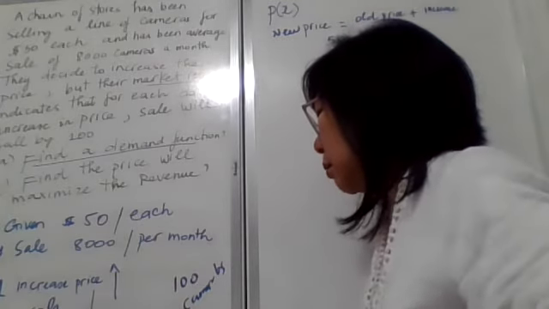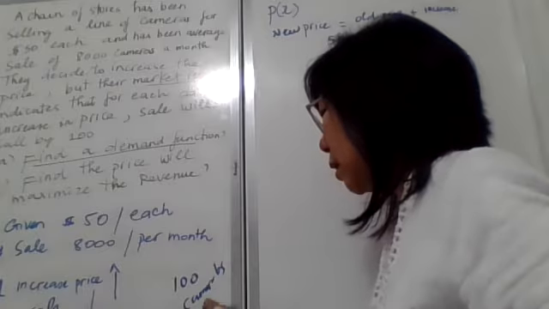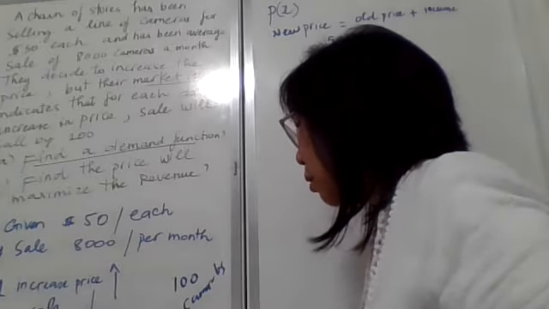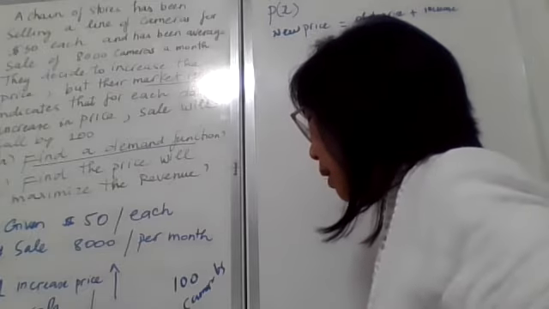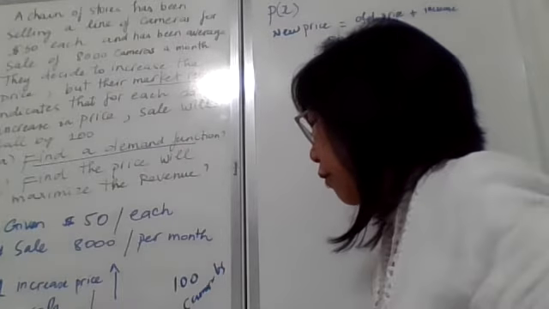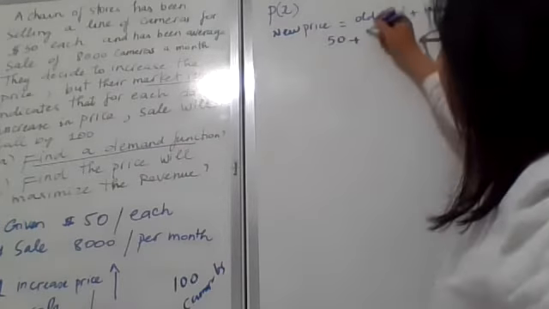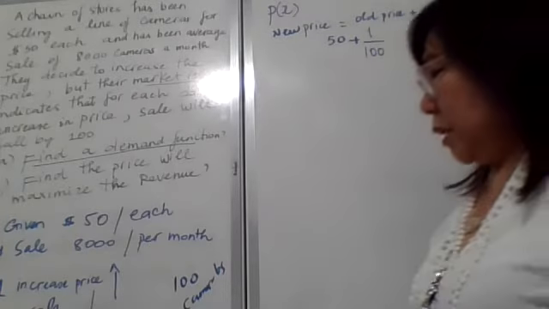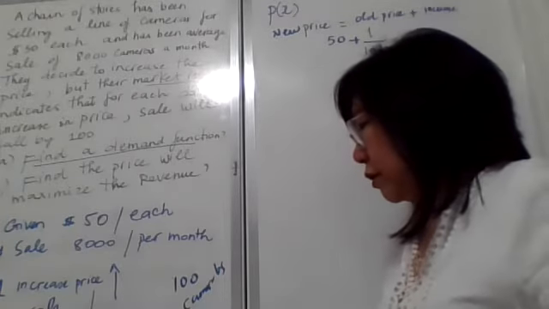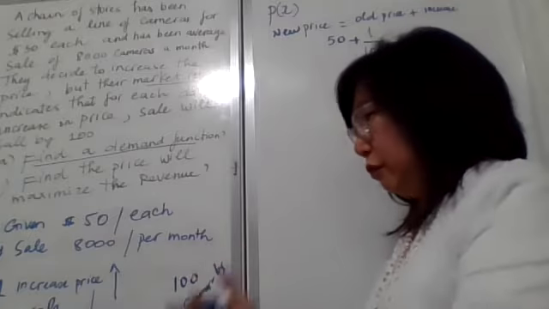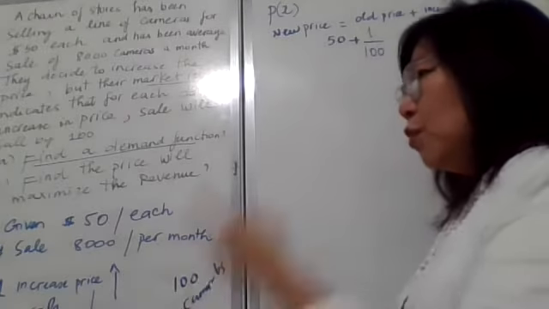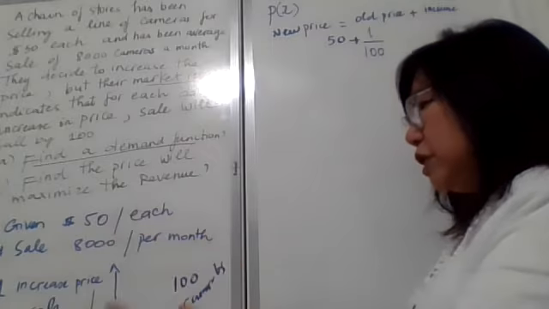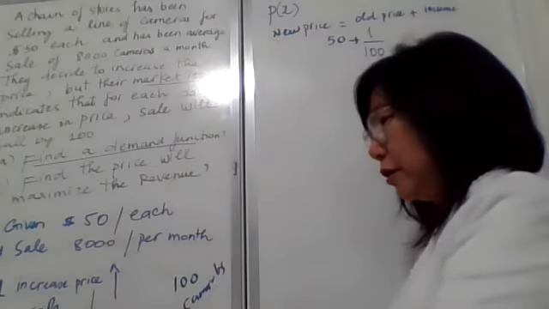So actually, the dollar of increasing is not $1 per camera, but it's $1 per 100 cameras. So therefore, the rate of increasing will be equal to 1 divided by 100, because it's 1 for 100. It's not $1 increase per camera, but it's $1 increase per every 100 cameras.